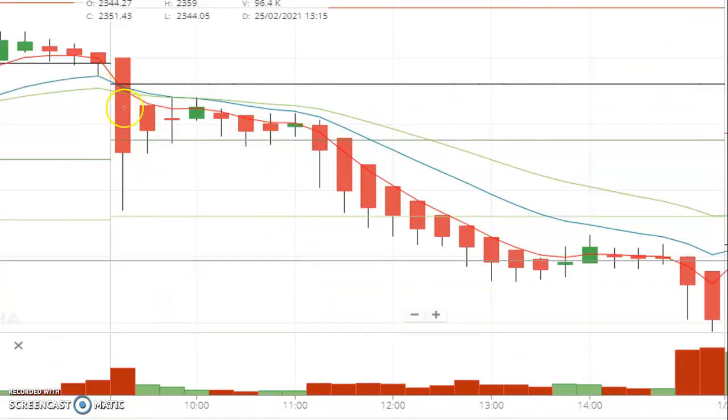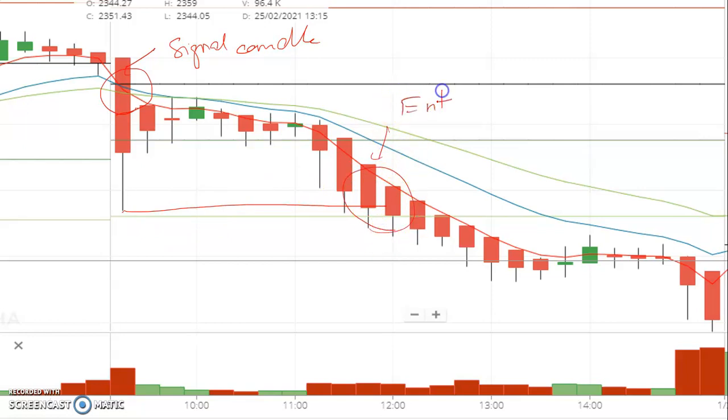For the sell, you can see here the 5 period moving average broke the 26 moving average and 13 period moving average on the downside. This is called the signal candle. The signal candle low was broken somewhere here, so this is called our entry candle.